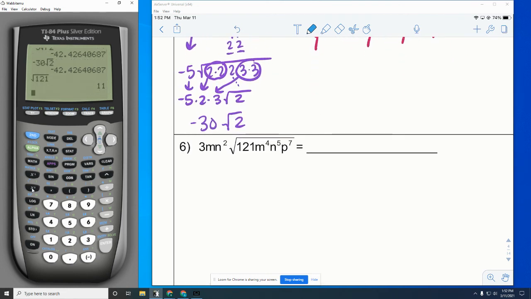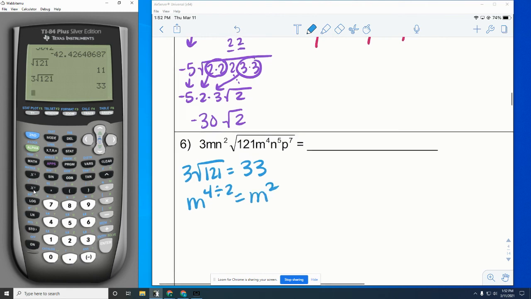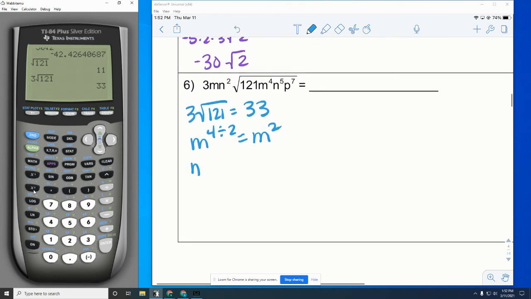Number 6, I check my square root and look, it works nicely. So 3 square root 121 simplifies to 33. So now let's just look at our exponents. M's, we have 4. They break up into 2 groups of 2 nicely. N's, we have 5, which breaks up into 2 groups nicely.